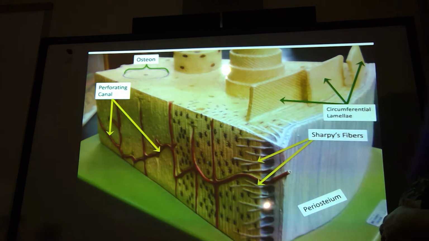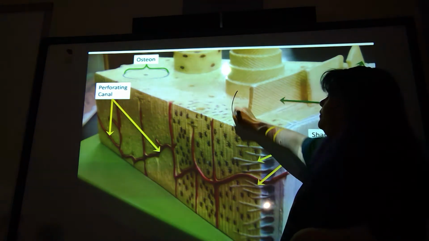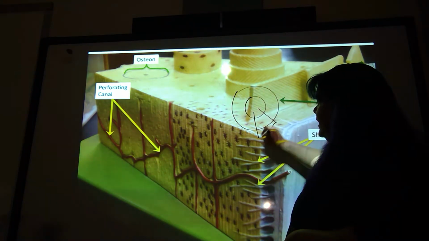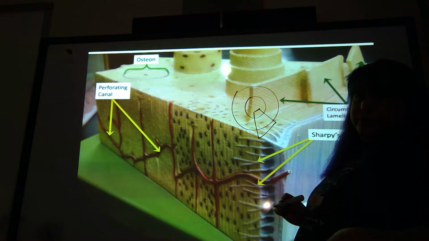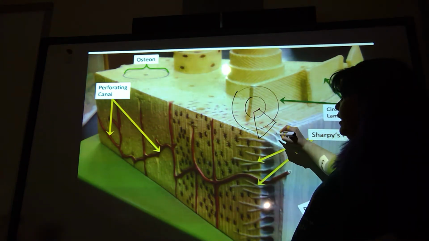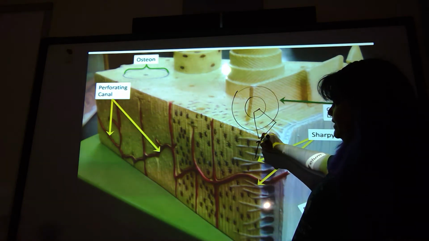All right, so basically if this were the bone cut like a lifesaver, you're looking at a piece of bone like this, okay? That's what this is. It's a pie piece cut out of the center. And you're looking at it from this angle.